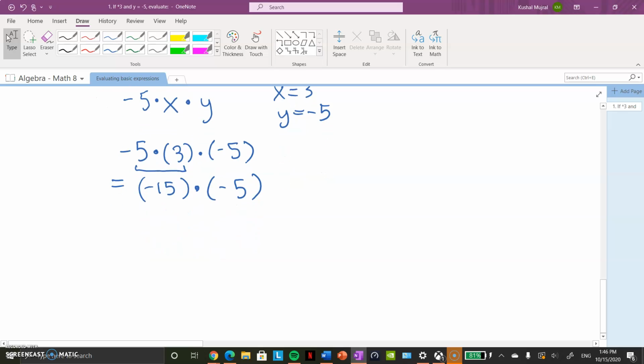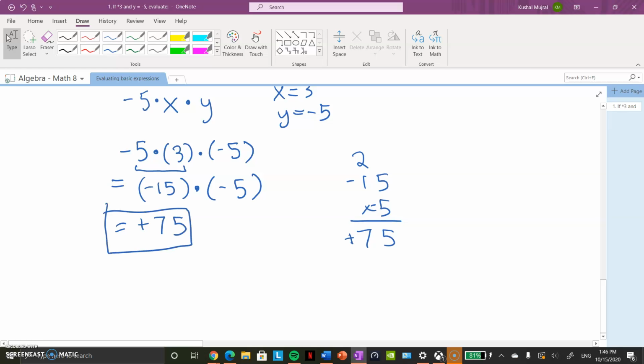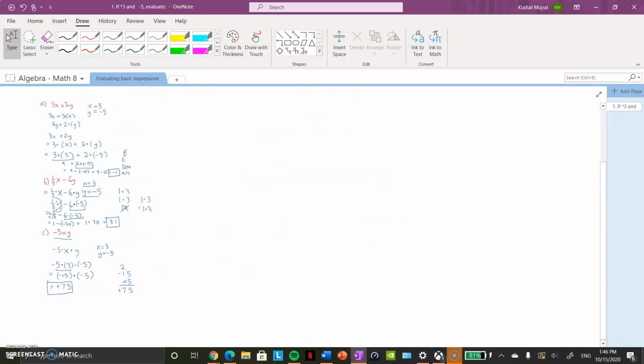Negative 15 times negative 5 is 15 times 5 is 75. Negative 15 times negative 5 is positive 75, so it equals positive 75. That's your answer. And that's evaluating basic expressions.